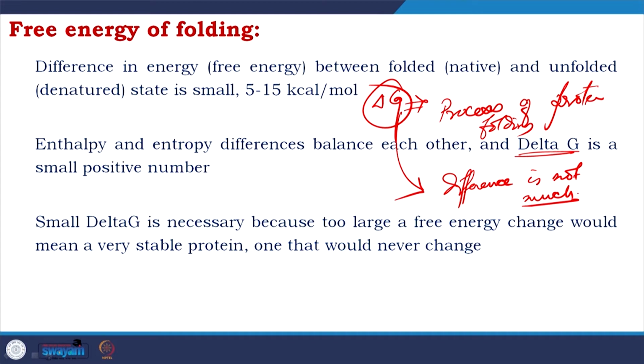If the protein is very stable, what will happen? It would not be able to change its conformation frequently, and because of that, as we discussed, when a protein has to be functional, it changes. There are small non-covalent forces like hydrogen bonds and hydrophobic interactions which are altered, and there is a clear scenario of change of conformation of protein.